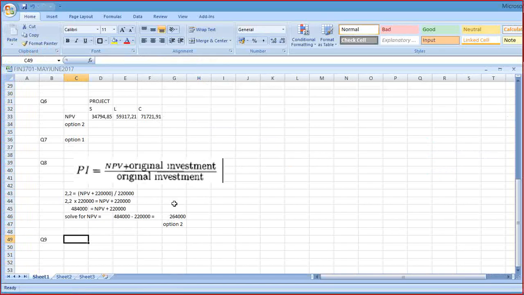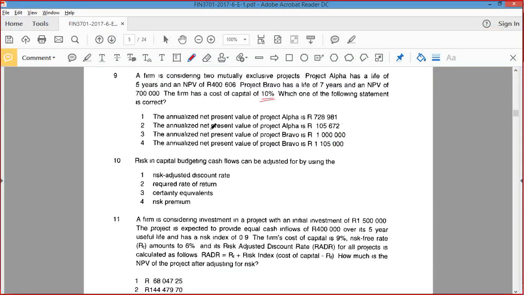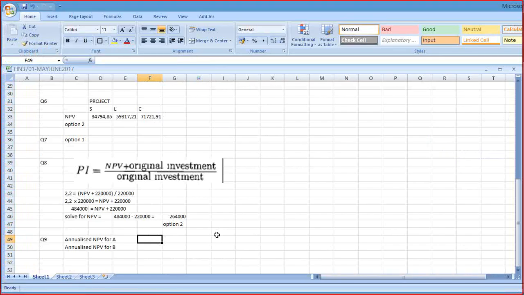Annualizing NPV requires you to use the PMT button on your calculator. So we annualize the NPV for A, and the annualized NPV for B. This is the one thing I remember: we would put the stuff down. So you do PV, I, N, FV, and PMT as a precursor to what you're looking for.